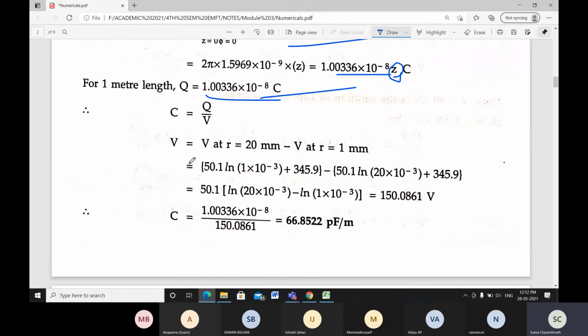Then substitute here 50.1 ln 10 to minus 3 plus 345.9 minus 50.1 ln 20 10 to minus 3 plus the same value here 345.9.